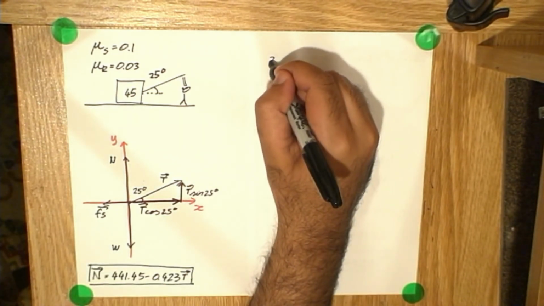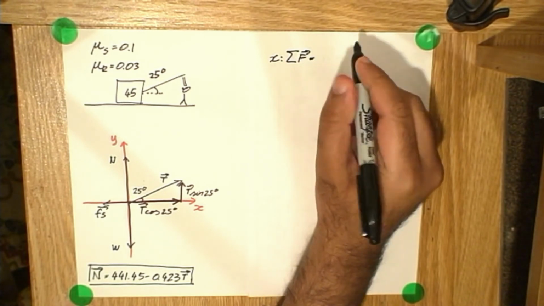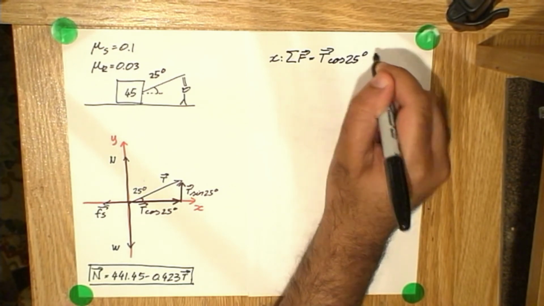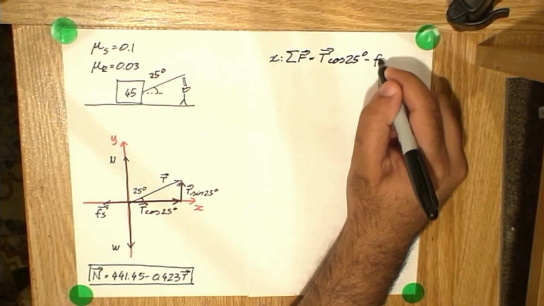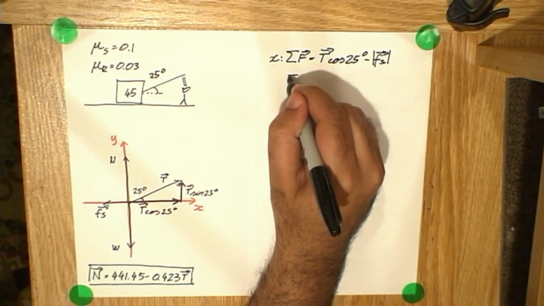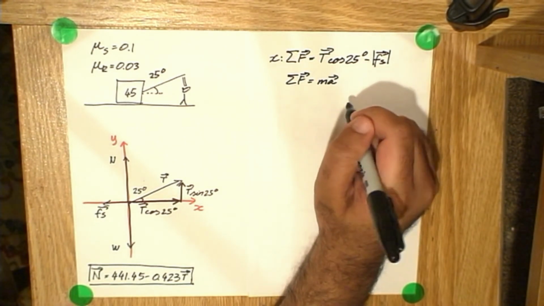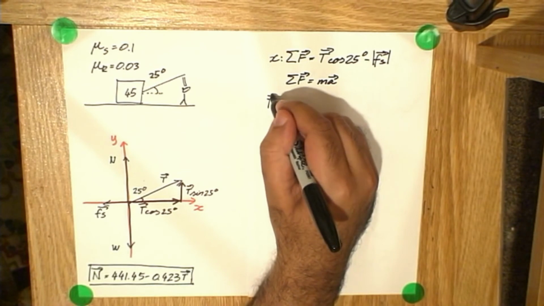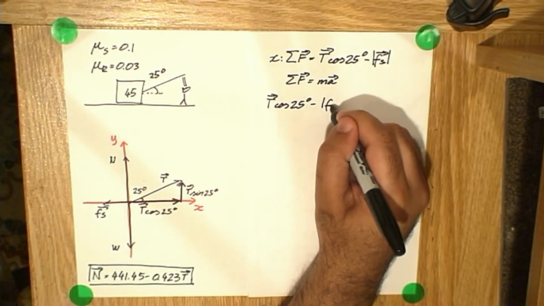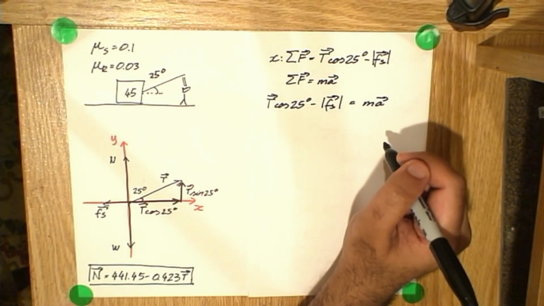Now let's look at the x direction. In the x direction, the total force is equal to T cos 25 degrees minus the force of static friction. But total force is also equal to mass times acceleration. So that means that T cos 25 degrees minus the force of static friction is equal to mass times acceleration.